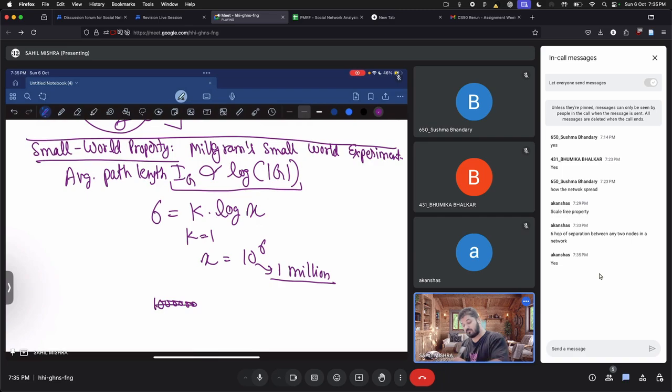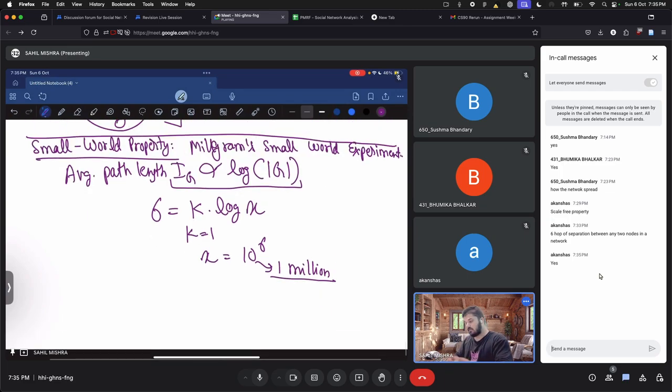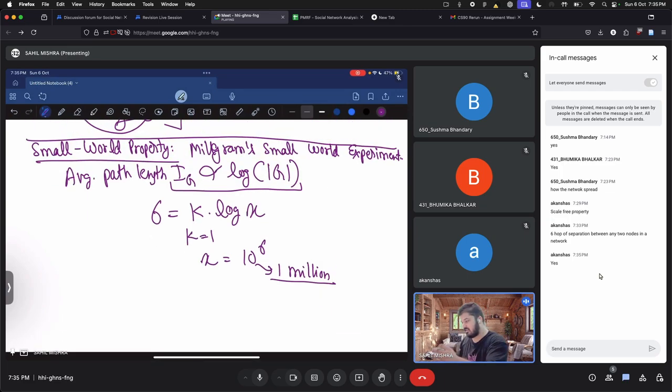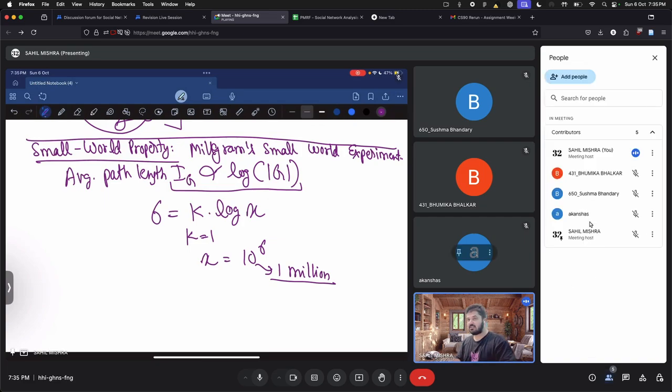So for k equal to 1, for 1 million people, the average path length will be 6. If I change it, say k equal to 2, this becomes 1000.